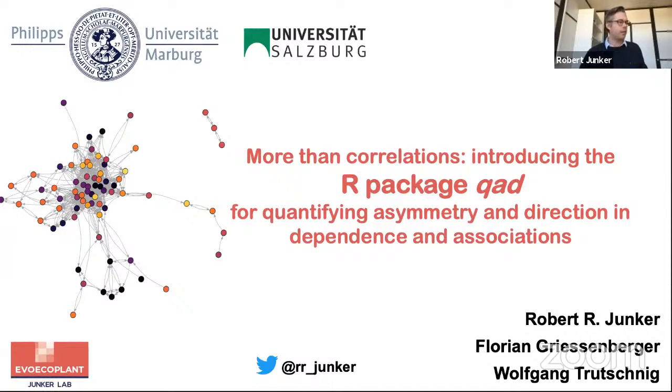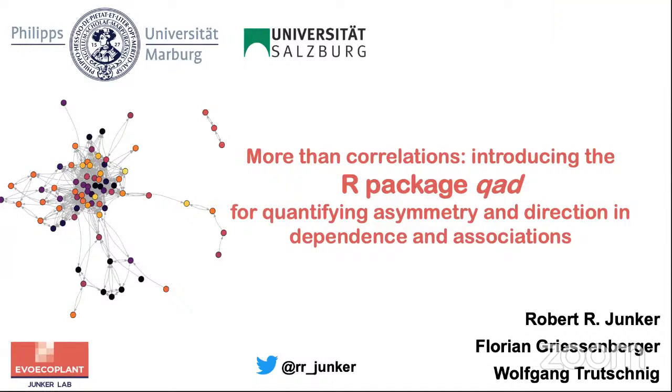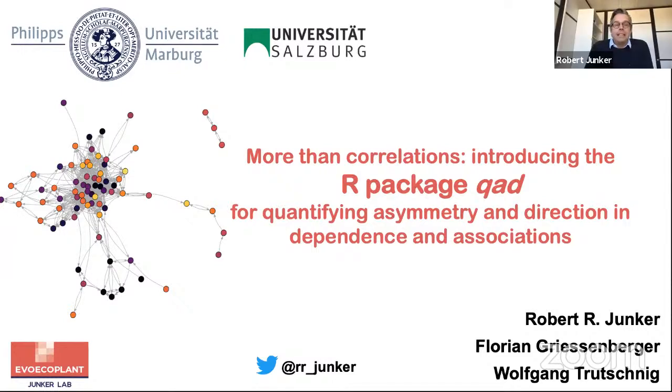Looks good. Perfect. Okay, so I will introduce you to the R package QAD that we recently developed and published. It is all about quantifying asymmetry and direction in dependence and associations.